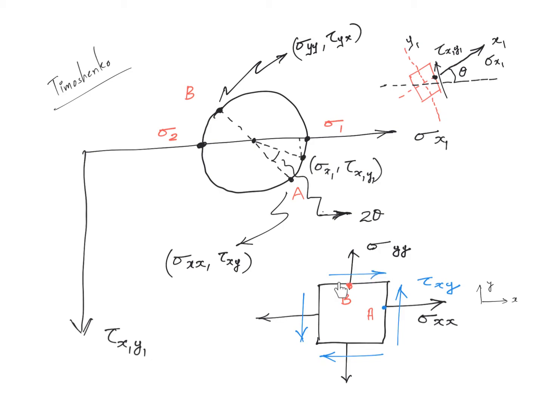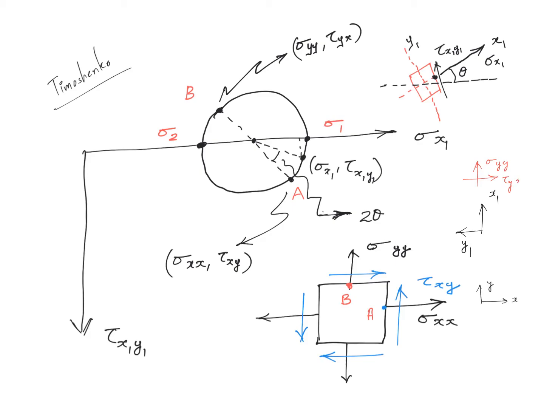Once we come to this plane, or representing point B on the Mohr circle, see, it's like I have rotated my axes. Now my axes are like this. Little x1 is pointing up and then little y1 is pointing like this. But still my stresses are not changed in their direction. My sigma yy is acting like this, and then my tau yx is still acting like this, isn't it?